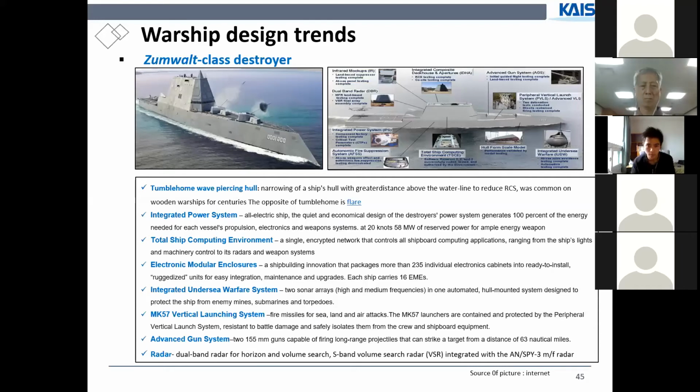And Mark 57 vertical launch systems and advanced gun systems. With Mark vertical launch systems, normally we plug in many missiles in VLS like that, but on this ship the missiles are installed peripherally, inside the hull.